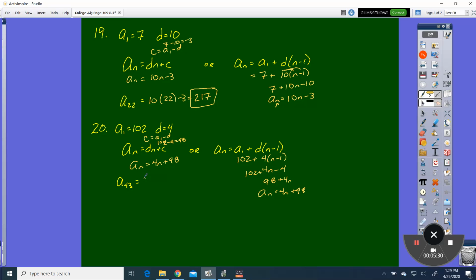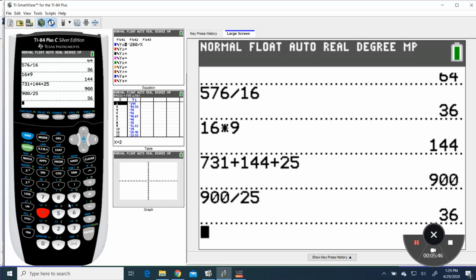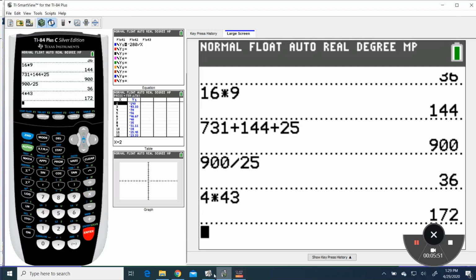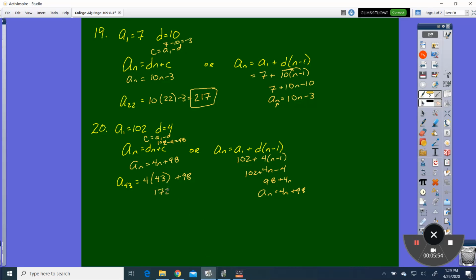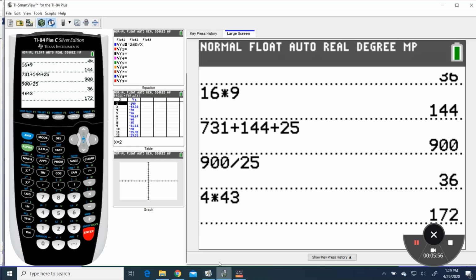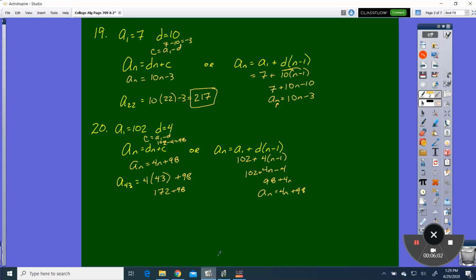So now to find the 43rd term, I'm just going to replace the n in either equation, because they're the same, with 43, because that's what we're after. So it's 4 times 43 plus 98. So 4 times 43 is 172. So 172 plus 98 is 270. So A43 equals 270.